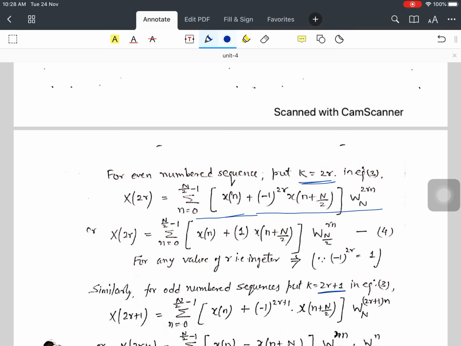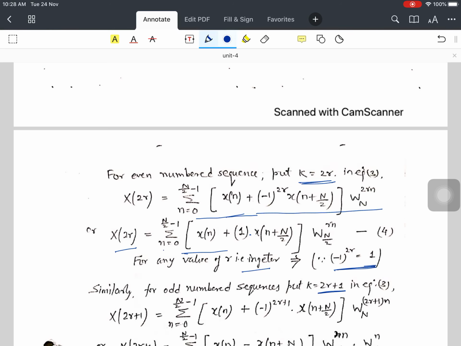We can rewrite this as X(2r) equal to the summation of n equal to 0 to N/2 minus 1 of [x(n) plus x(n plus N/2)] W_(N/2)^(rn), because for any integer value of r, minus 1 to the power 2r is equivalent to 1.